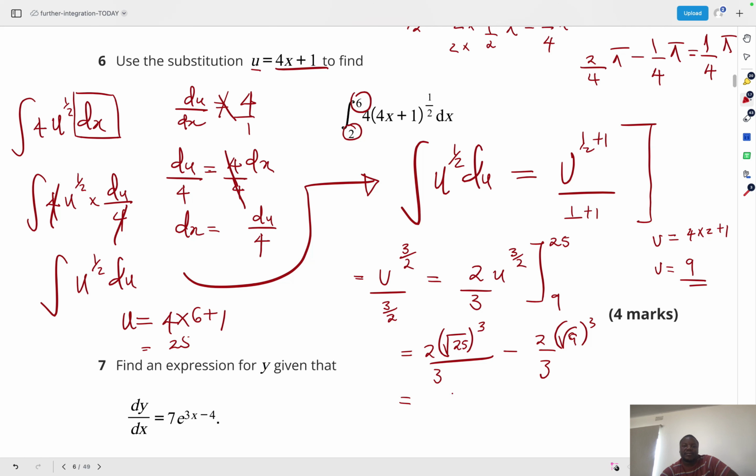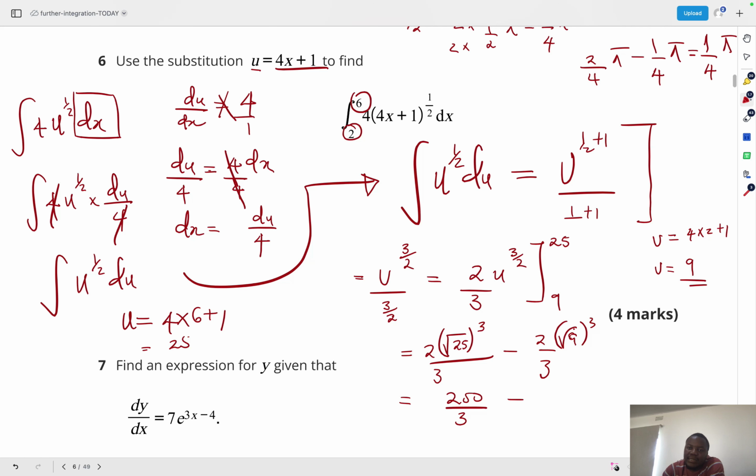So 5 times 5 times 5 is 125, times 2 divided by 3 gives 250 over 3.